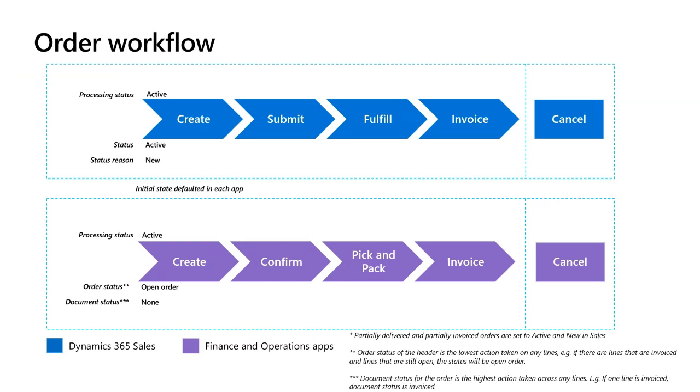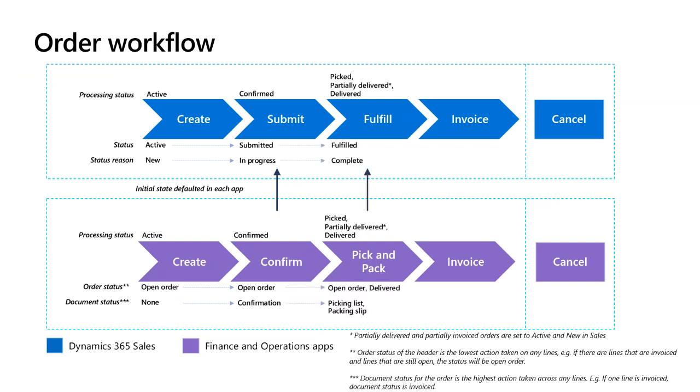So creation, initial state is defaulted. And when we start to work through to confirmation, that's when the state changes start to happen. So on the processing status, we'll see confirmed, and then the status and status reasons start updating.